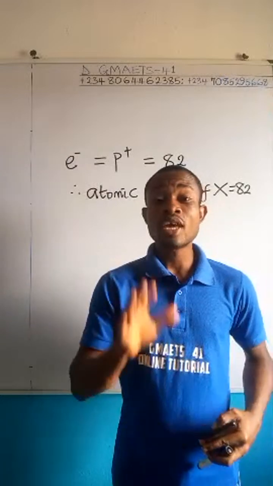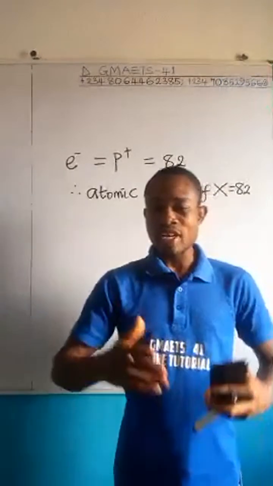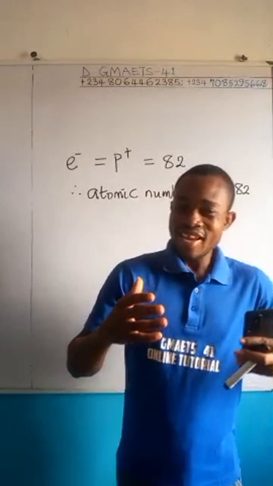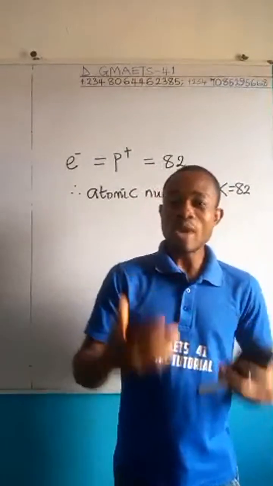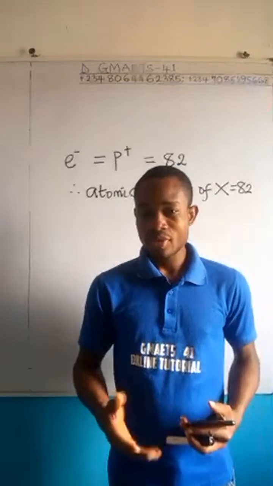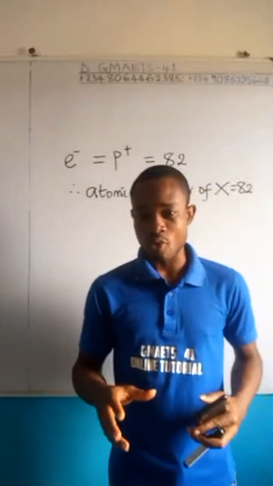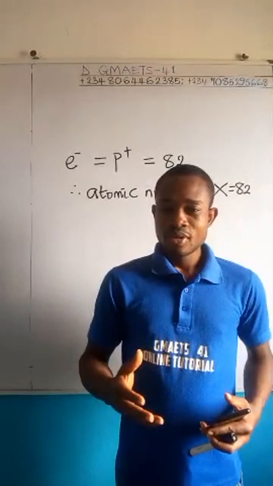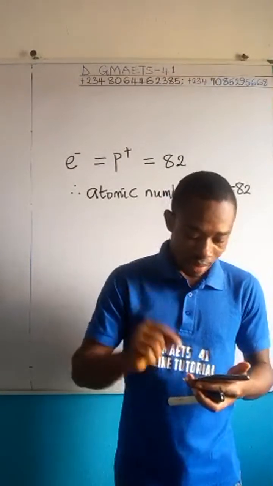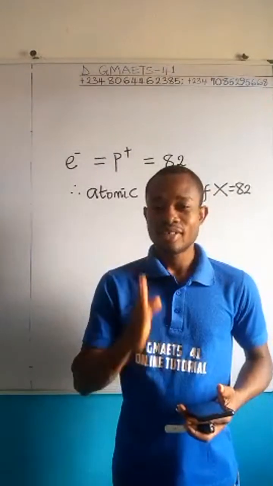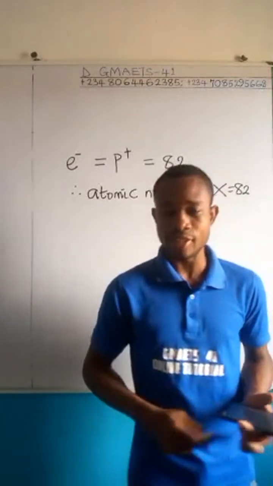Therefore, to get the mass of an atom, the mass number, the atomic mass, the weight of an atom, all we have to do is add the number of protons to the number of what? Neutrons. So, coming to this question, we conclude that the mass of an atom is determined by the number of neutrons and the number of protons, which is option D.